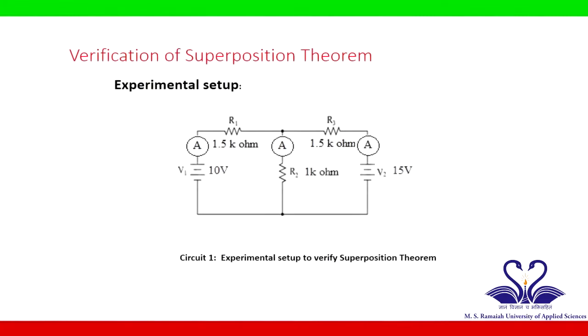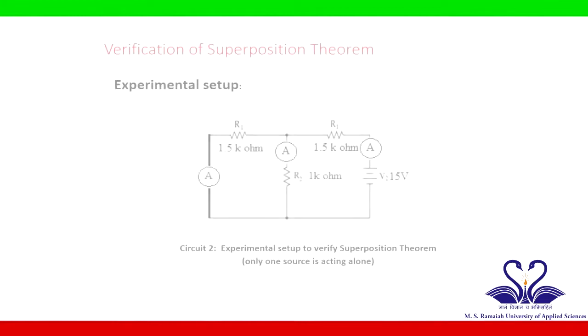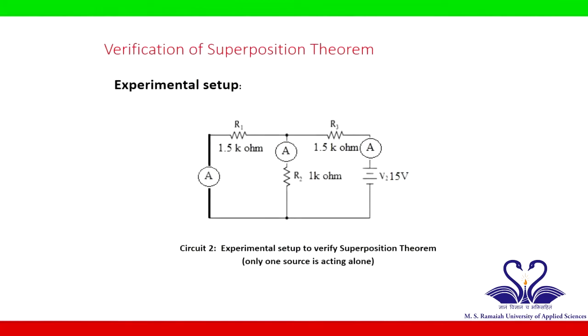Now, apply both voltage sources, setting a particular value by using RPS1 and RPS2. Now measure and record the current flowing through the 1 kilo ohm resistor. Set the value of RPS1 to 0 volts and RPS2 to a particular value and measure the current flowing through the 1 kilo ohm resistor.